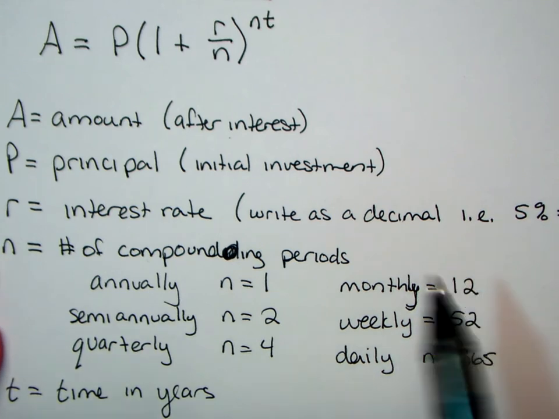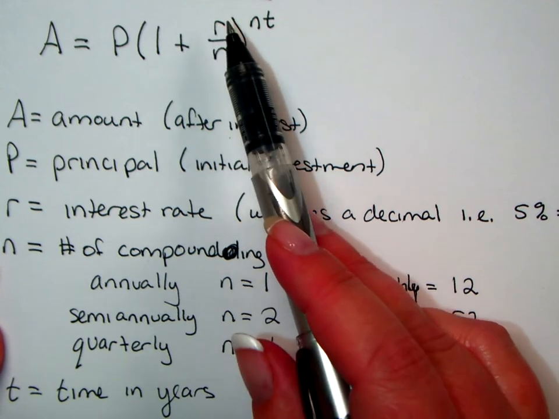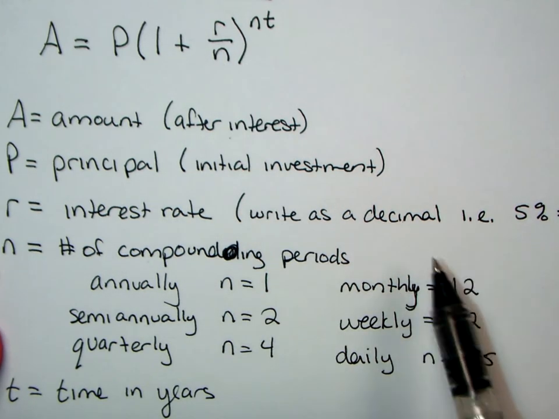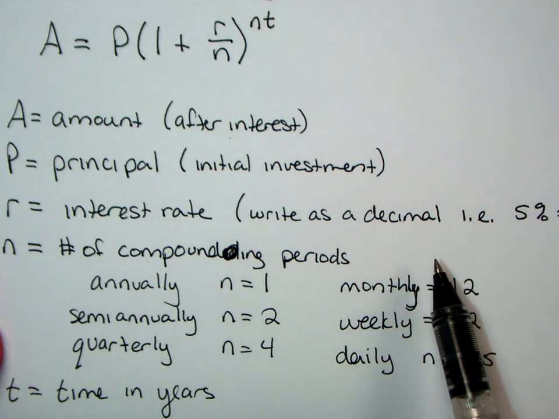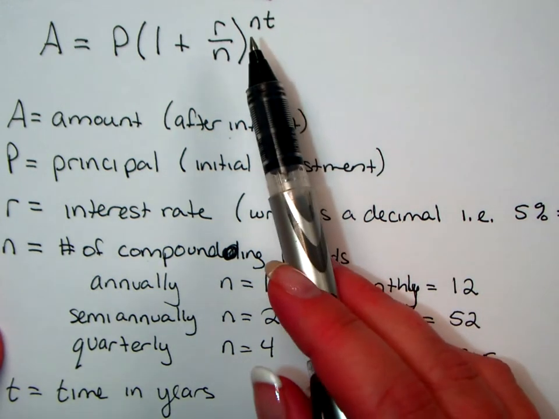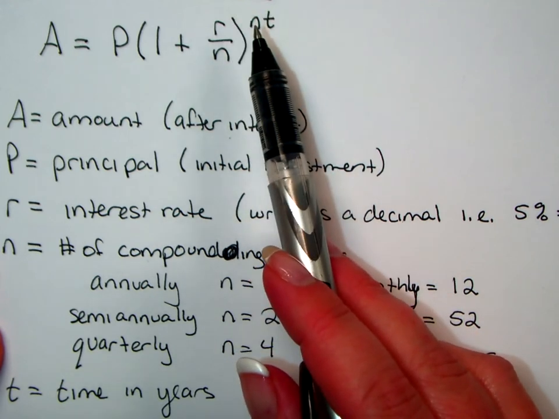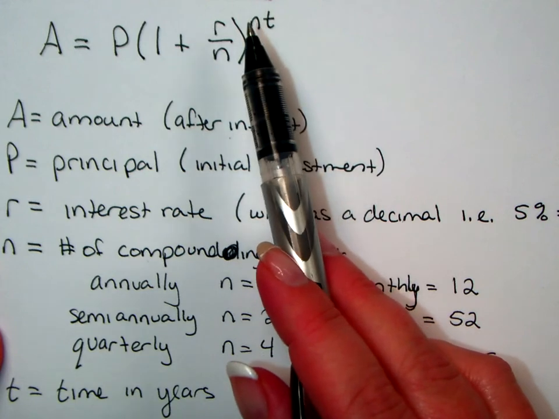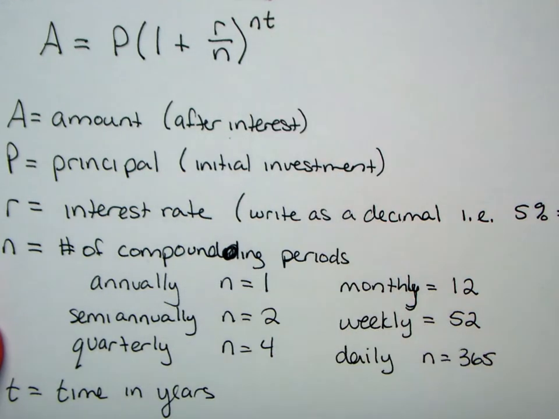The interest rate divided by n is telling you how much interest you're getting per period, so that's the annual interest rate divided by how many times it's being compounded. Now this exponent is how many total times it's being compounded, because if it's monthly for 3 years, you're getting interest added to your account 36 different times, and that's what this exponent represents.